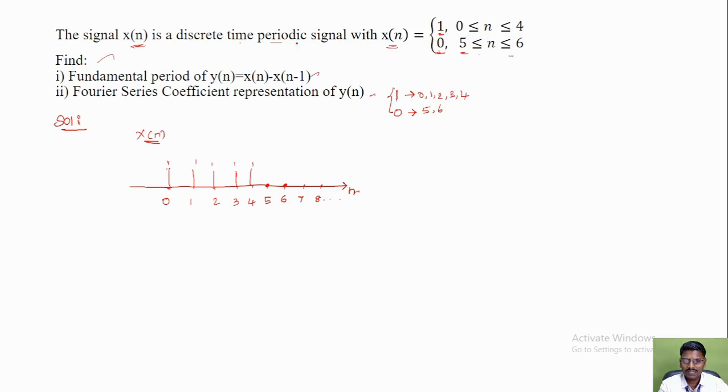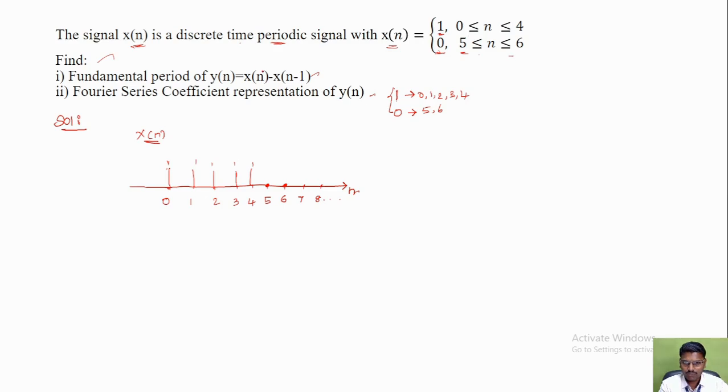Because the given signal is a periodic signal, the same amplitudes from 0 to 6 will again repeat from sample 7 onwards.